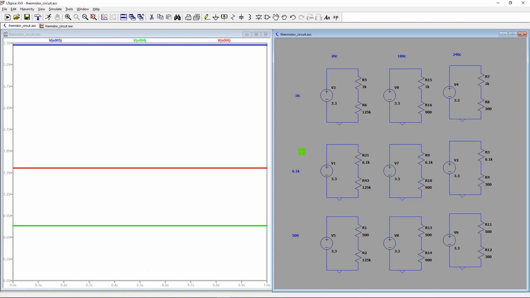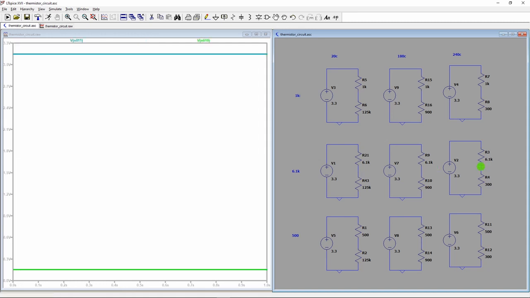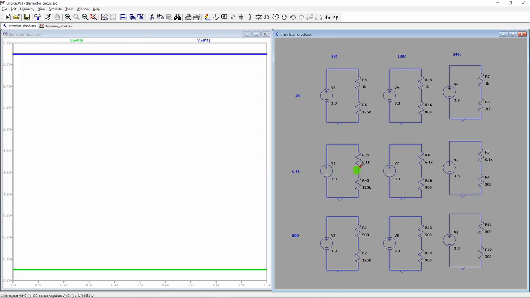And then moving on to the 6.1K, I'm going to click this one right here. So we'll see that we don't go as high on the top, and we go a lot lower down than the previous one. So in comparison to the 1K, the 6.1K is the blue and the green.